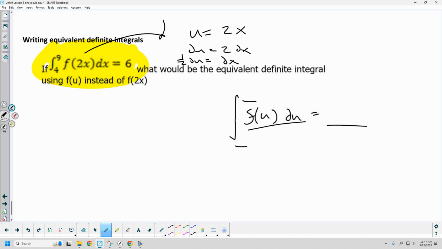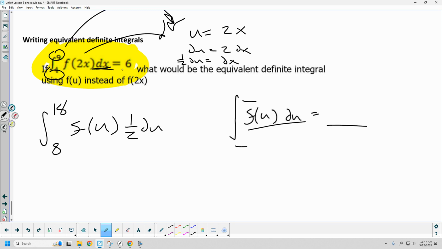Here are my x's. I'm going to do some of my work up front, and I'm going to change them by plugging them into Vegas, into u's. 18 and 8, boom. I'm just doing some of the work up front. I now have f of Vegas, which I replaced with u, and I have undone Vegas's derivative. I have a 1/2 du, and I'm told that this equals 6.